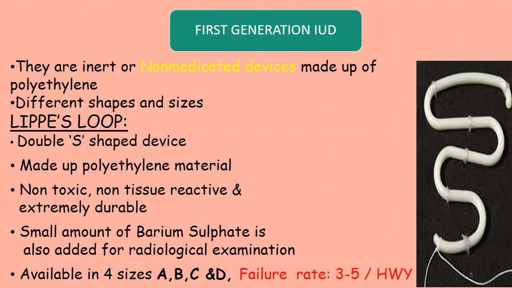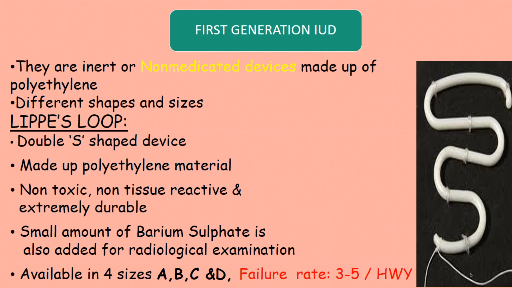The first generation devices are inert or non-medicated devices made up of polyethylene. Different shapes and sizes are available here. Lippes loop: you can see the picture at the right side. It is a double S-shaped device made up of polyethylene material. It is non-toxic, non-tissue reactive, extremely durable.